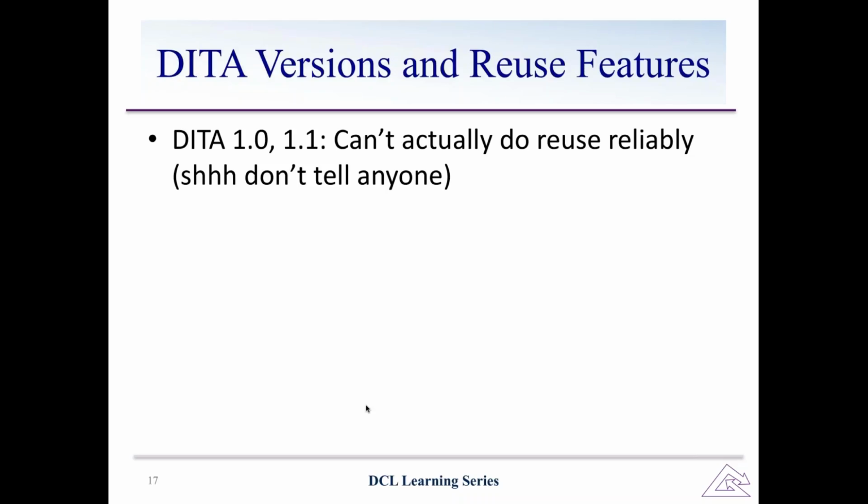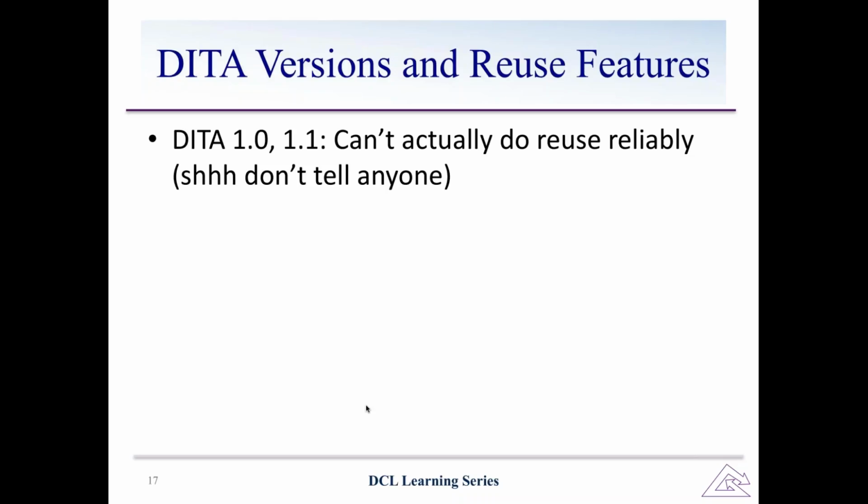The addressing mechanisms simply weren't there. And that's one of the reasons that DITA had relationship tables: they were an alternative to creating the effect of cross-references, given that you couldn't actually author cross-references in a reliable way in the face of reuse.